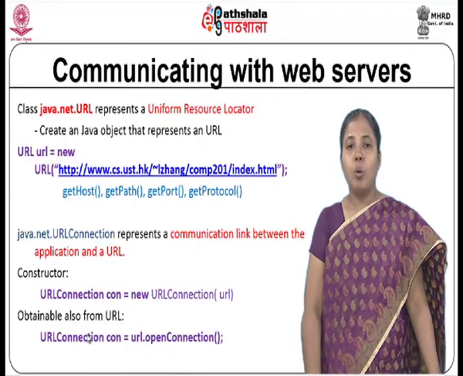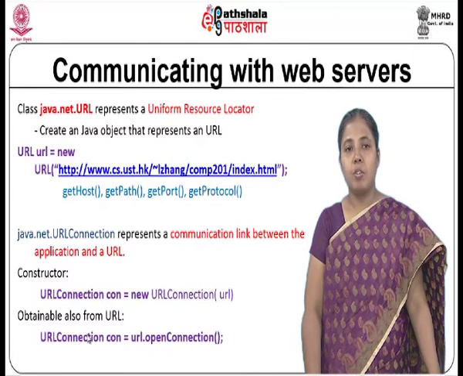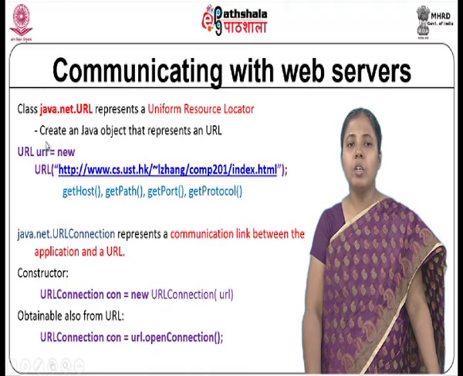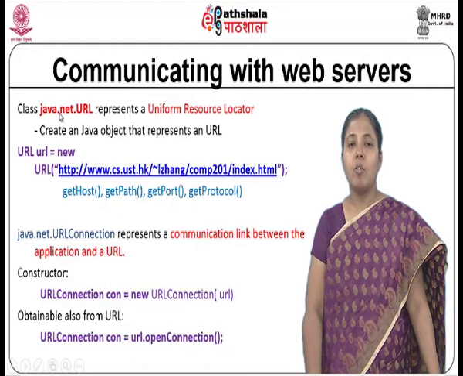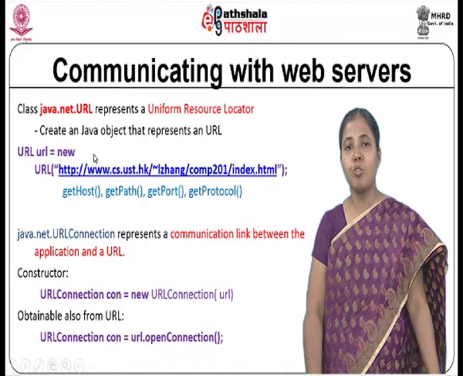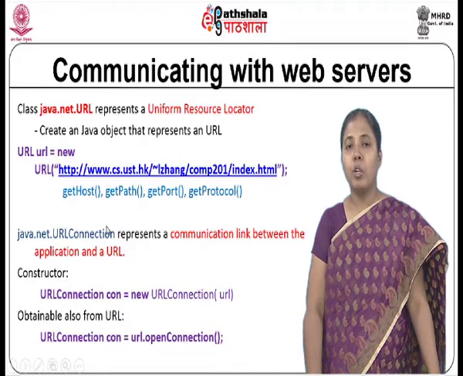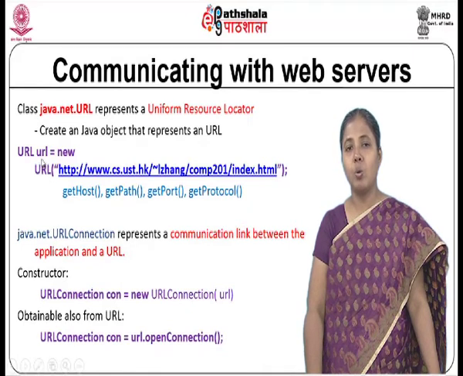And now let us see how we communicate with web servers. Here we need to know more clearly about the URL class. The class java.net.URL represents a Uniform Resource Locator, and it creates a Java object that represents a URL. We use the constructor of the URL class to create an object of the URL class.